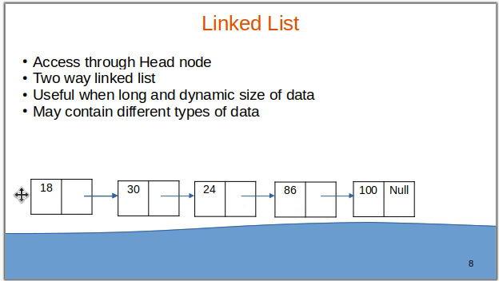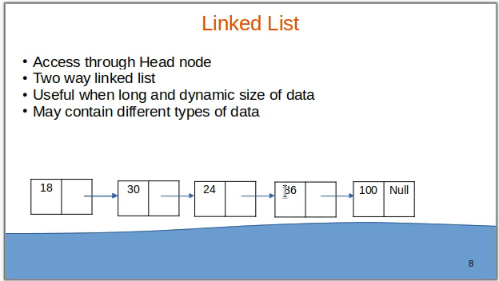The first cell will contain the address of the previous node. So for the first node it will be null, and then the data, and then the third cell will contain the address of the next node. Here also there will be 3 cells. The first cell will contain the address of this head node, and the last cell will contain the address of this cell. Here also there will be 3 cells. The first cell will contain the address of this cell, and this cell will contain the address of this node.